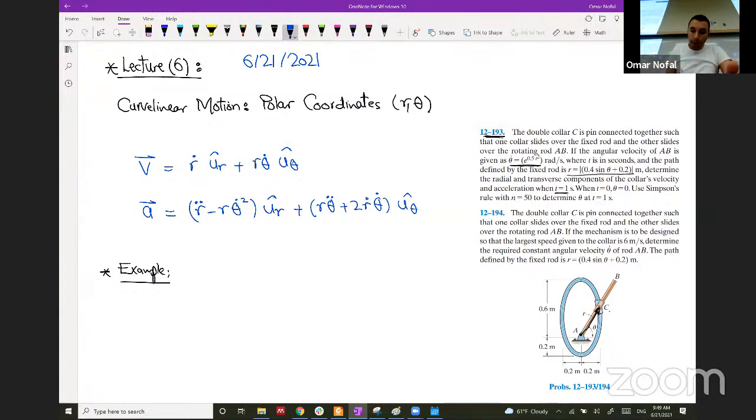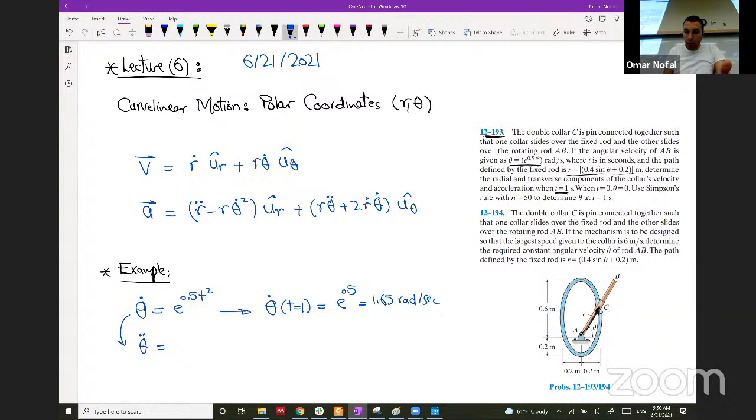Theta dot is equal to e to the power 0.5 t squared. Because we need the acceleration at t equal 1 second, we substitute t equal 1 second in theta dot, so we get e to the power 0.5, and when you calculate this, it gives you 1.65 radian per second. It's very easy to get theta double dot by differentiating this.